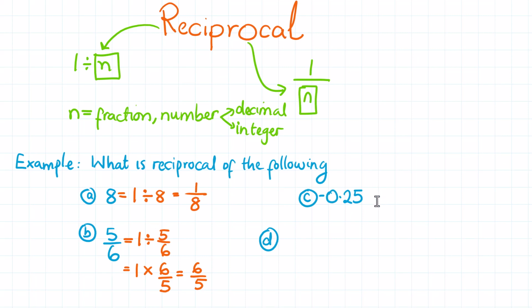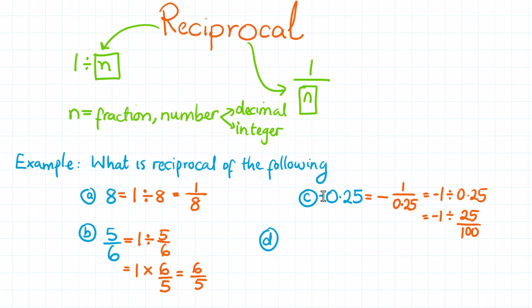How about when given a decimal, but take note that it is a negative value? Remember that the negative sign is retained, and our 1 is going to be divided by our number, which is 0.25. We can rewrite this as negative 1 divided by 0.25, and we know that 0.25 is the same thing as 25 over 100.